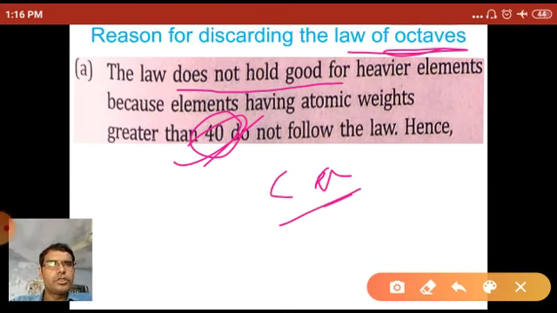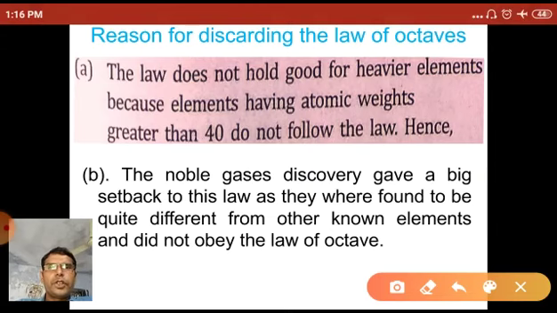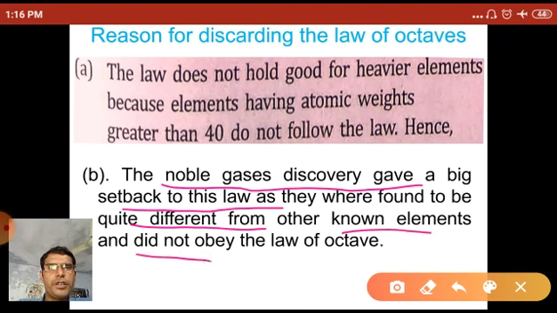So the scientists discarded this law. Now next, the discovery of noble gases gave a big setback to this law, as they were found to be quite different from other known elements and did not obey the law of octaves.